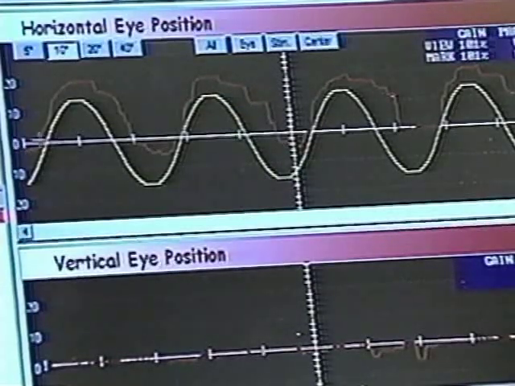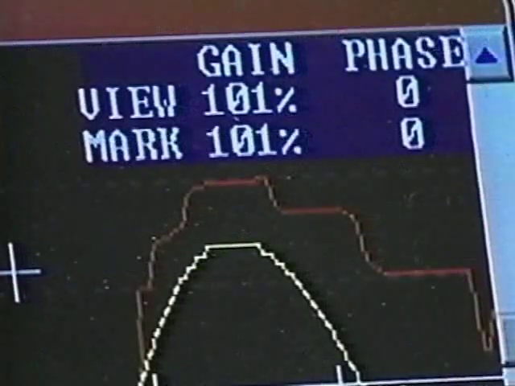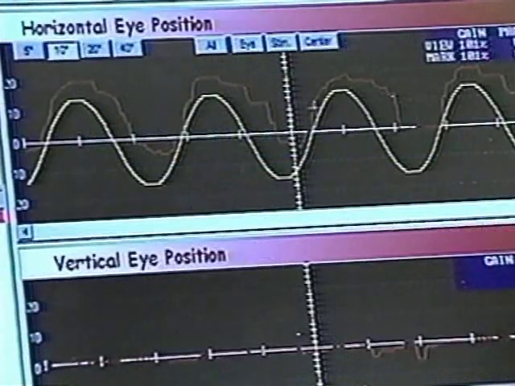However, in the case of the actual patient data, we're seeing a cogwheeling type phenomenon, which, even though in this particular case the patient demonstrates a normal gain of 101%, because of the morphology, this is clearly an abnormal pattern and would suggest central nervous system disease.